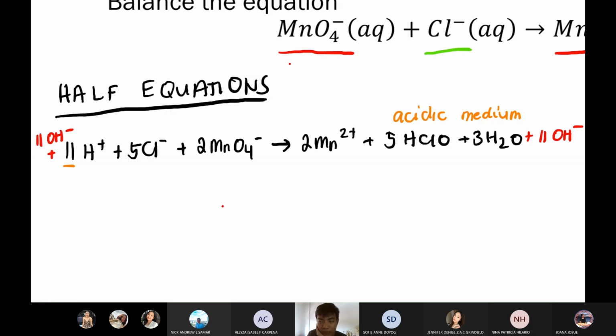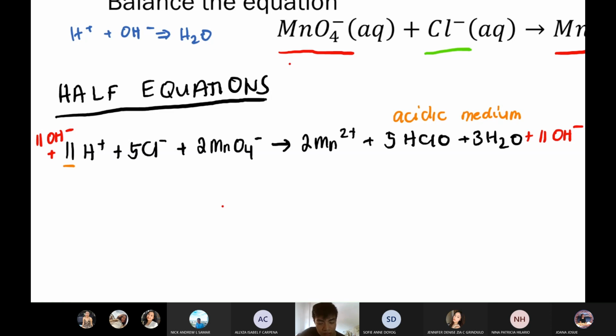Ano ba mangyayari pag naglagay ako ng OH? Remember, neutralization reaction, H plus OH equals, magpo-produce yan ng H2O. Yun kasi yung gagawin natin. We want to neutralize the H. How will you neutralize the H? You add OH. Okay? So, ano yung ratio nila? 1 to 1 yan.